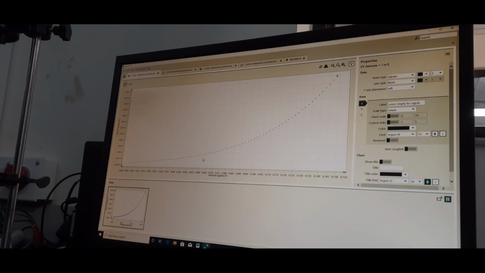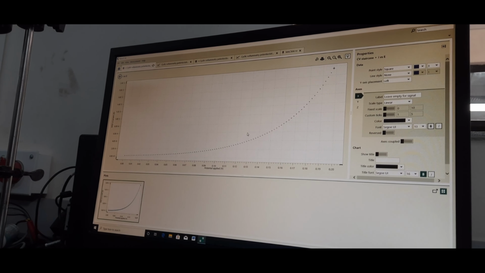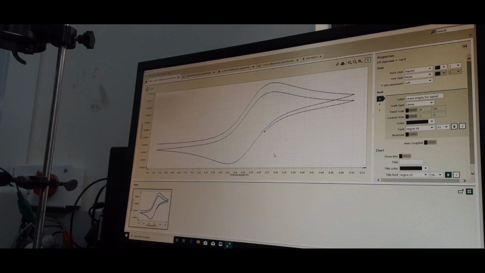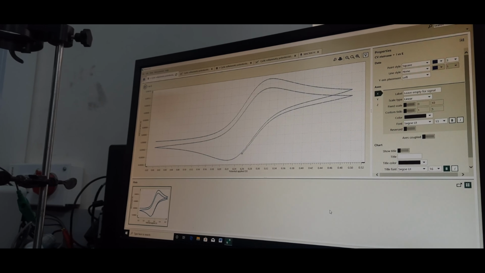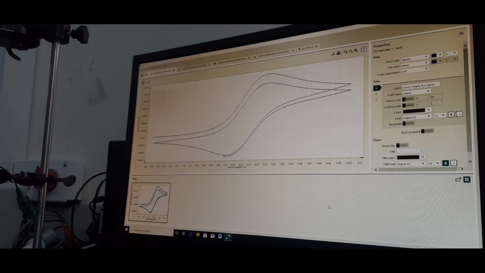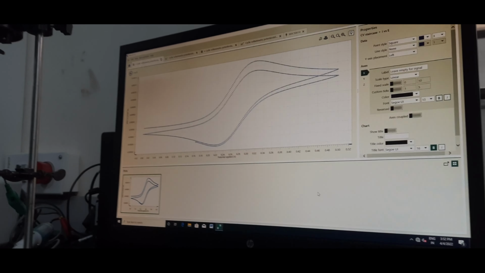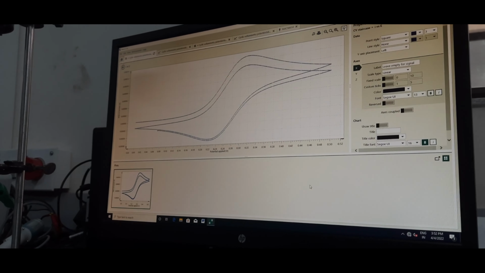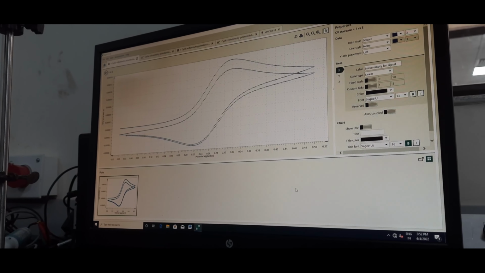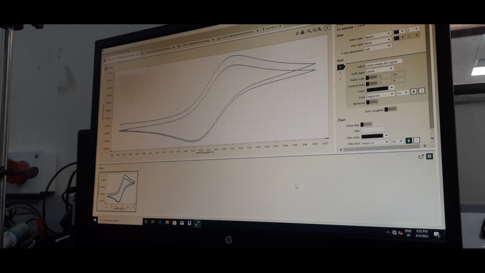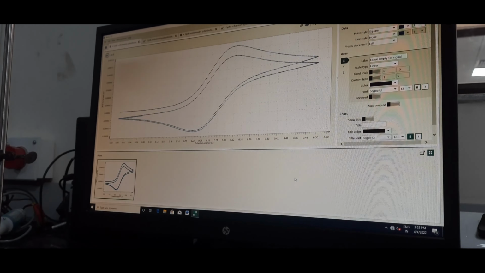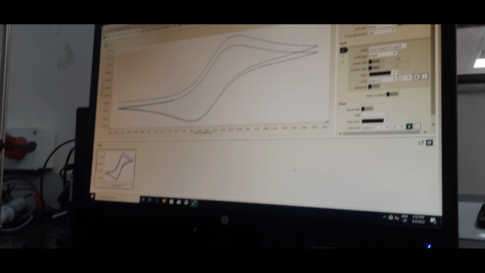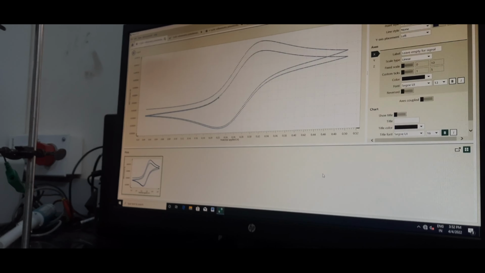So now the experiment is going on. This is the third cycle going on.